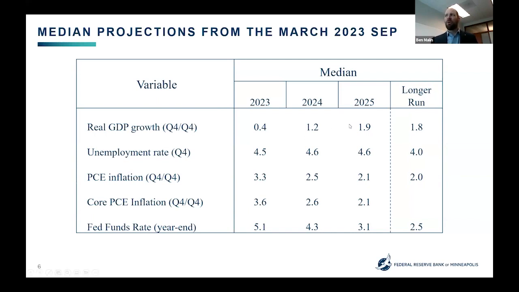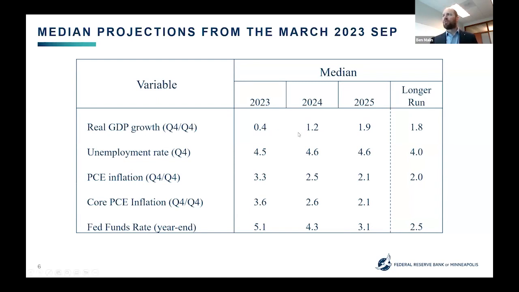And so what this table is showing here for real GDP growth is the median. So across all, I guess it was 18 participants in March, what was the middle projection for this year? So slower economic growth, a little under 0.5% for the year.